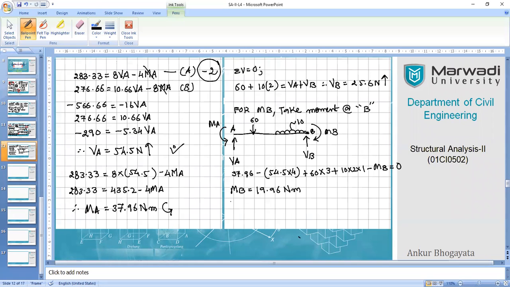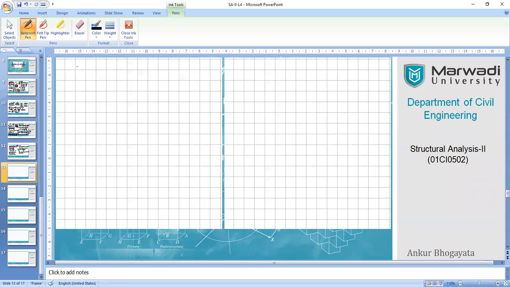So now you can see that we have obtained all the values together, like MB 19.96, MA 37.96, VA is 54.5, and VB is 25.6. So everything is solved now, and we can draw our diagrams. So for the bending moment diagram, first we will develop our basic question over here, so that we can relate it properly.